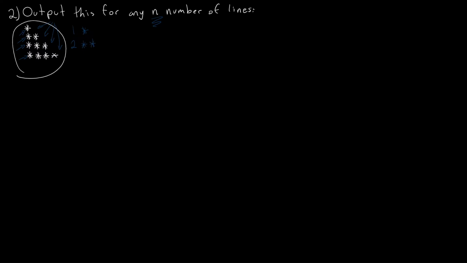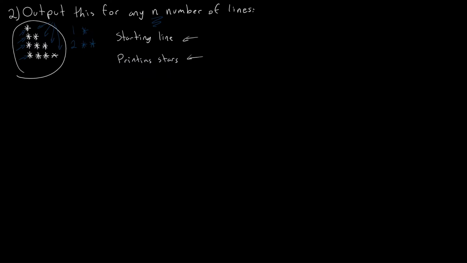Now, to find out how many for loops we need, we identify the number of repetitive functions. So we have 2 repetitive functions here. The first is starting a new line, and the second is printing the stars. So we need 1 for loop for this one and 1 for loop for this one.